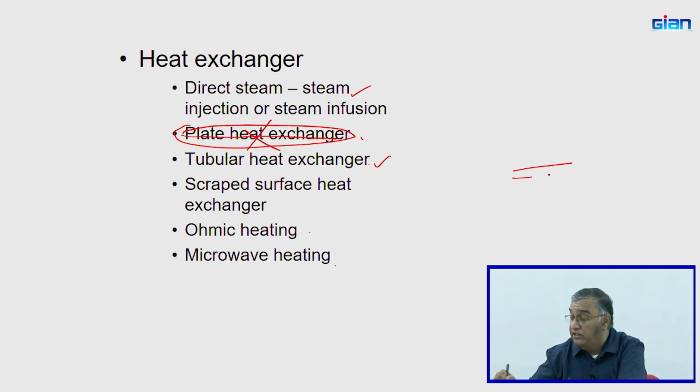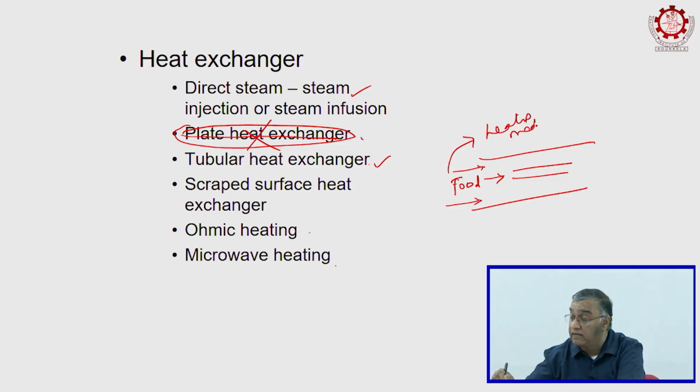Basically you have a tube, your food product is going through it, and then you have what I call the heating medium going on the outside. So, this is your heating medium. As the product moves through the heat exchanger, it is going to heat.